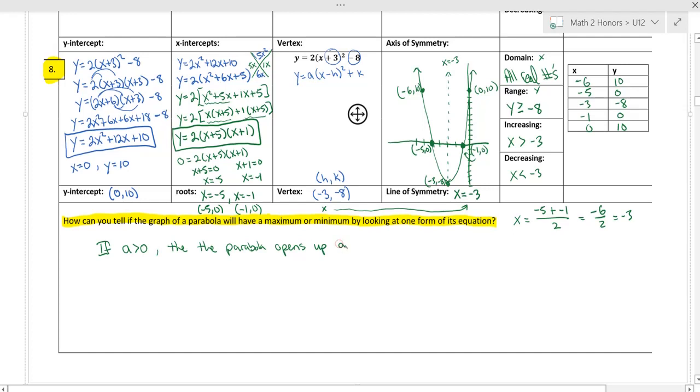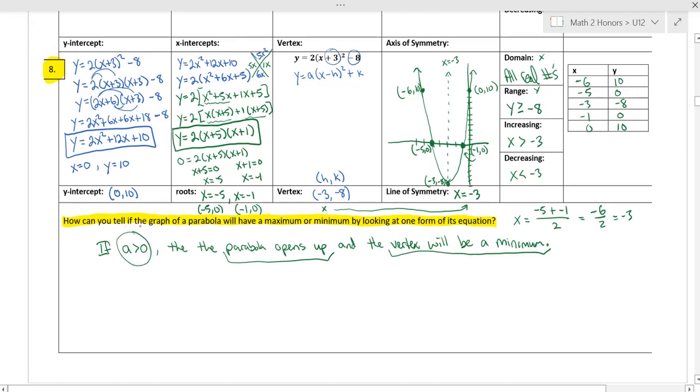The vertex will be a minimum. A minimum just means the lowest value. So if a is positive, the parabola will open up, and the vertex will be a minimum.